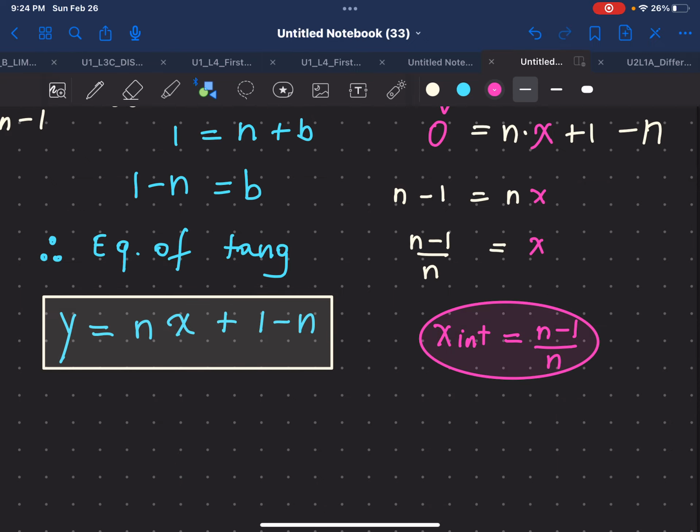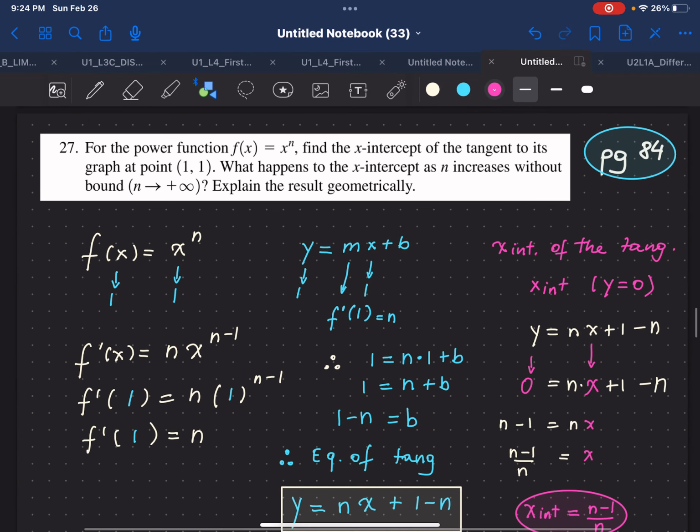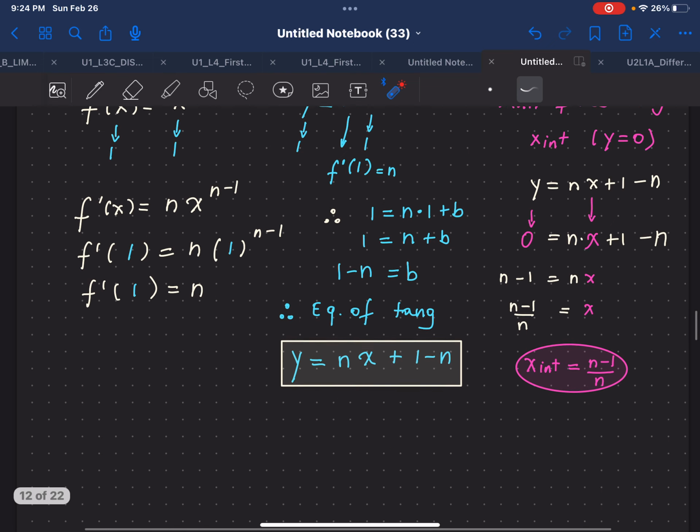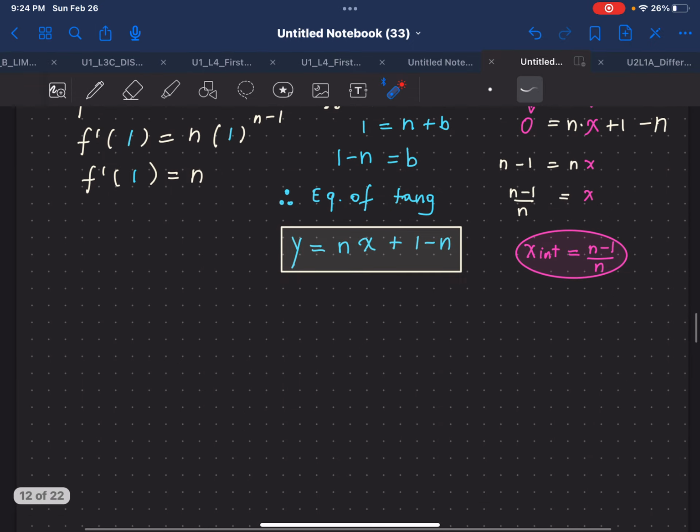So it's time for us now to take a look at the question to make sure that we have answered every part of the question completely. So what happens to the x-intercept as n increases without bound? Which means as n approaches infinity. So we need to figure out what the value of x becomes as n approaches infinity.